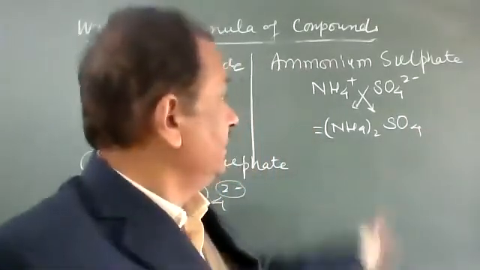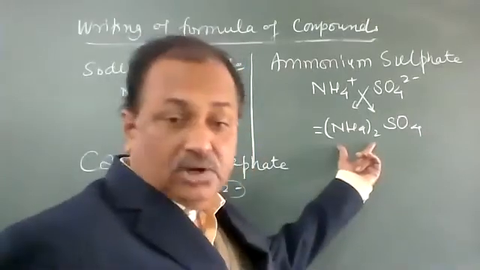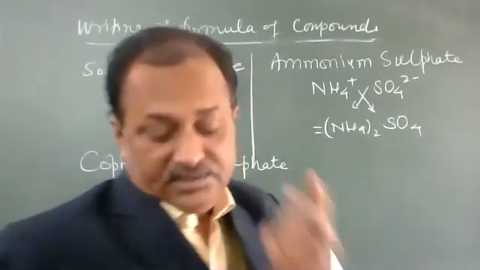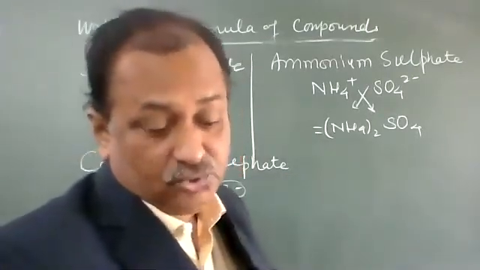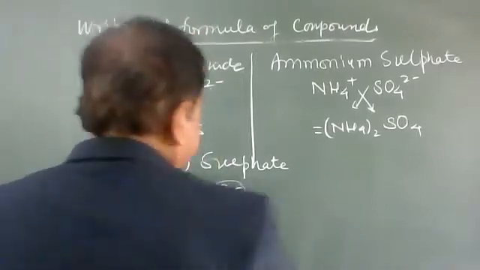This means in a molecule of ammonium sulfate, there are 2 ammonium ions and 1 sulfate ion because the charge has to be equal to 0. So this is simply the law of conservation of charges.